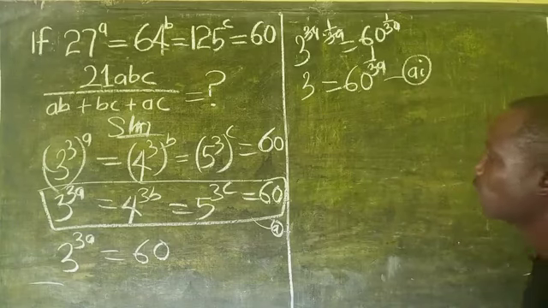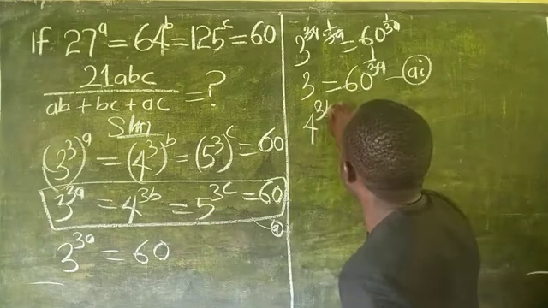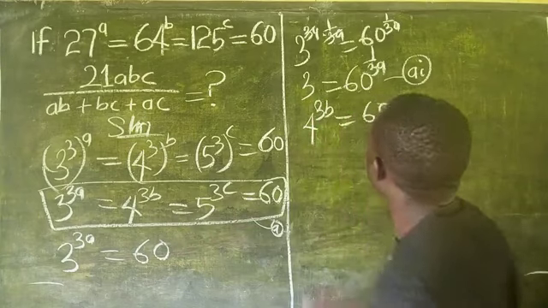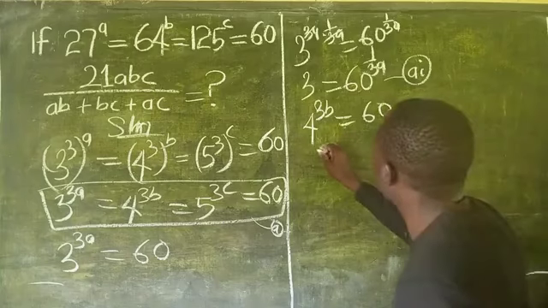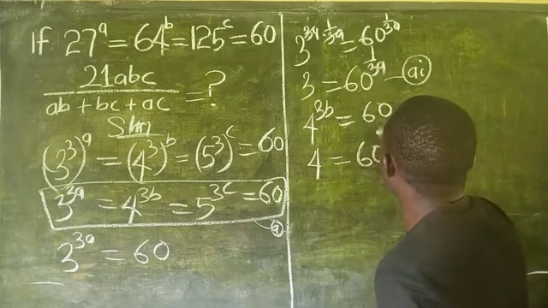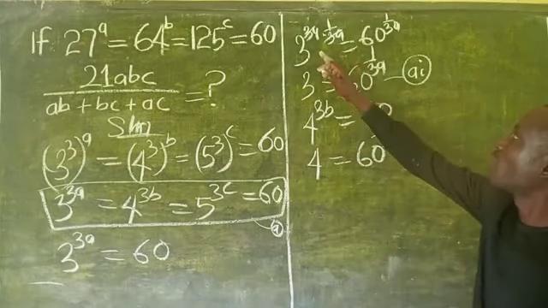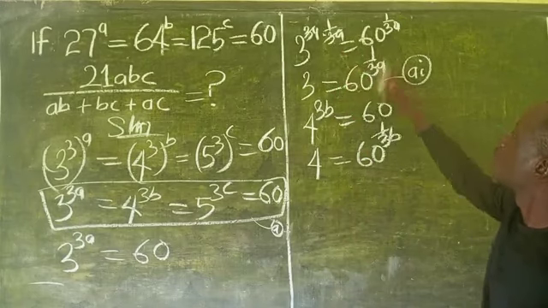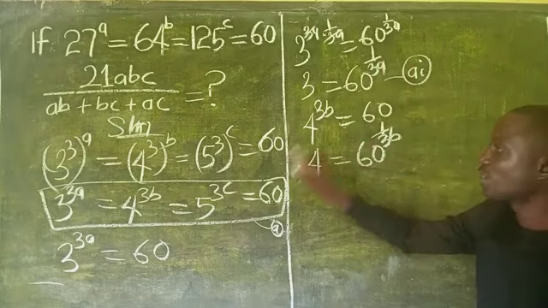And we'll do the same for the second term. 4 raised to power 3b is equal to 60. We also raise both sides to power 1 over 3b, and it becomes 4 equals 60 raised to power 1 over 3b. The same thing we have just done: what we did here, we raised to power 1 over 3a and got 3 equals 60 raised to power 1 over 3a, and the same decision we are taking for the second term.